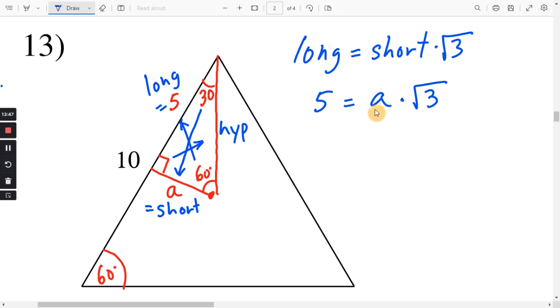Solving for the apothem A, the opposite of times radical 3 is divided by radical 3. All right, it cancels here. So we don't have to put this in simplest form yet. I know there's a square root in the denominator, but that's okay for now. So the short side A is going to be 5 over radical 3. Okay, that's your apothem A.